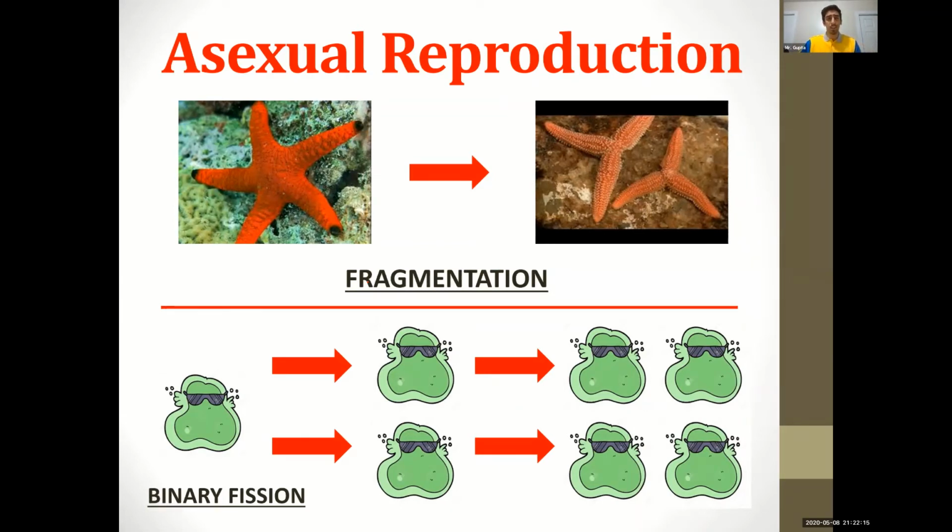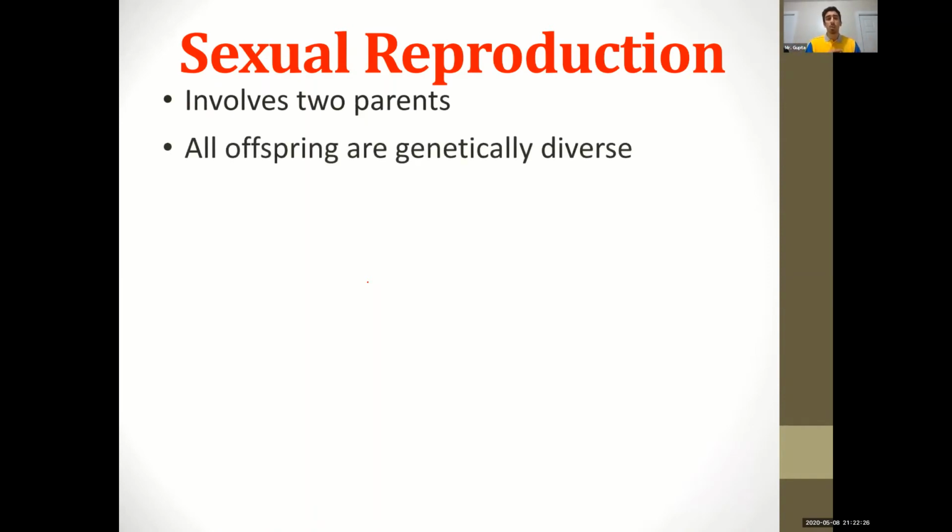Now, let's contrast asexual reproduction with sexual reproduction. First off, sexual reproduction often involves 2 parents. Also, the offspring produced from sexual reproduction are genetically diverse. They're not identical to the parents, and this is because of events that occur in meiosis.